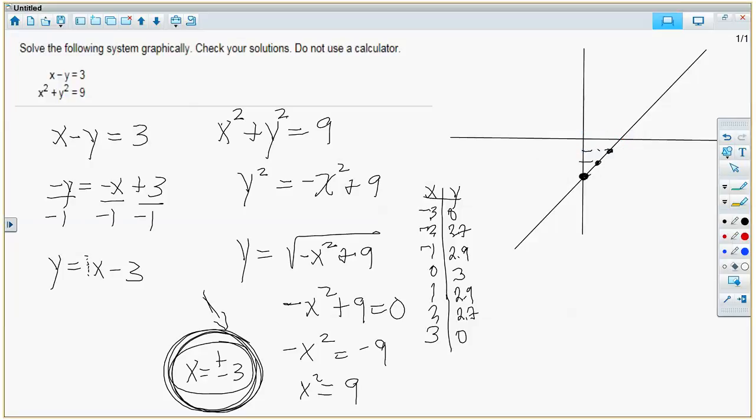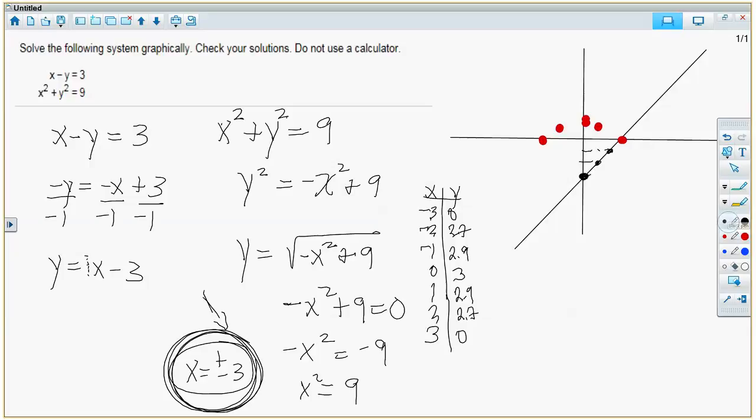So -3 and +3, that may be the point right there. And -2 and 2.2 is going to be up here, and 2 and 2.2, and 3 and 0 is going to be up here.